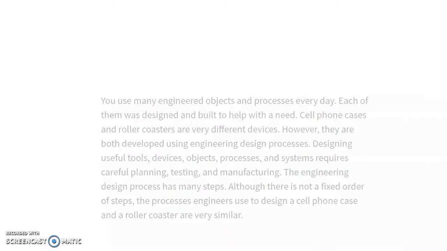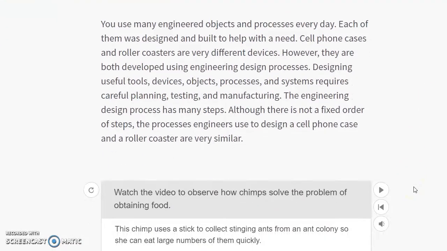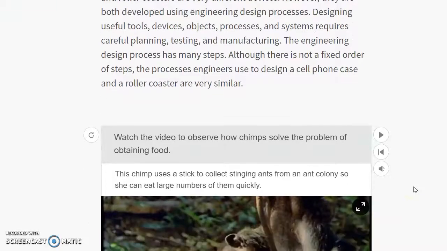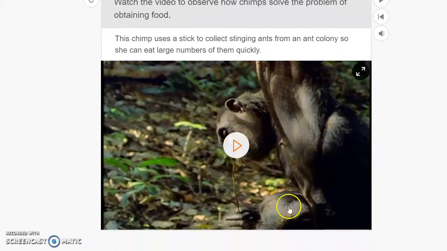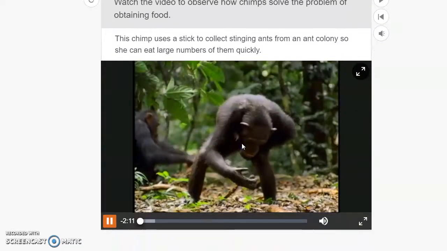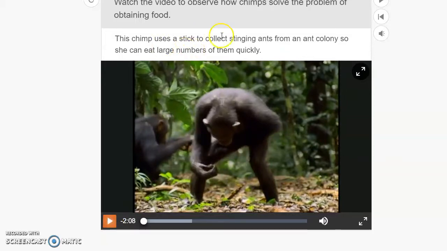Exploration 1, we're going to move into exploration 1 from our opener. So we have to think about creating solutions. So now they talk about cell phone cases and roller coasters and how they are both solutions to a problem. So how do chimps solve a problem of getting food? You can see them using sticks to collect the ants and eating them very quickly.